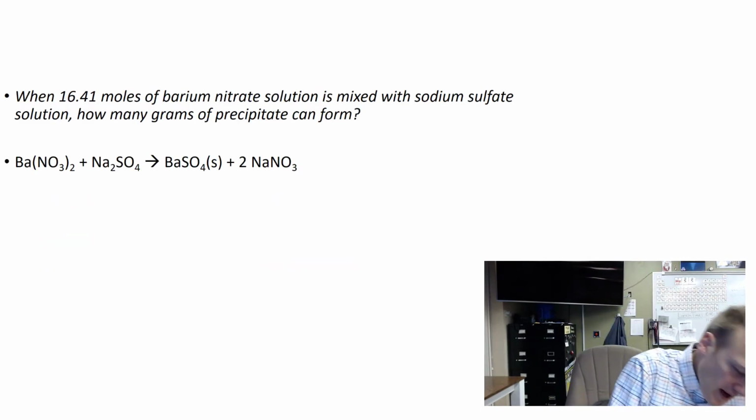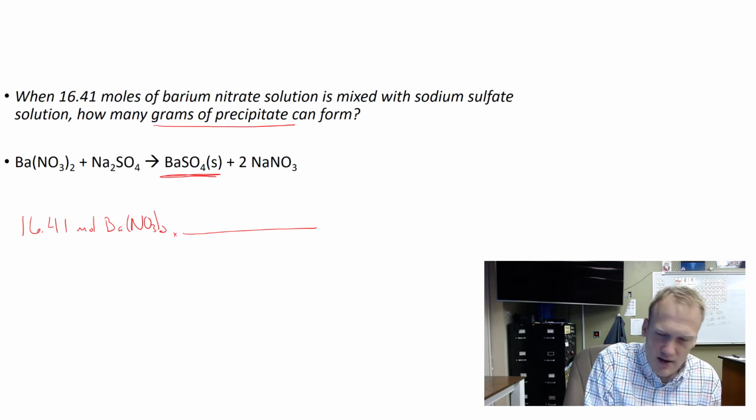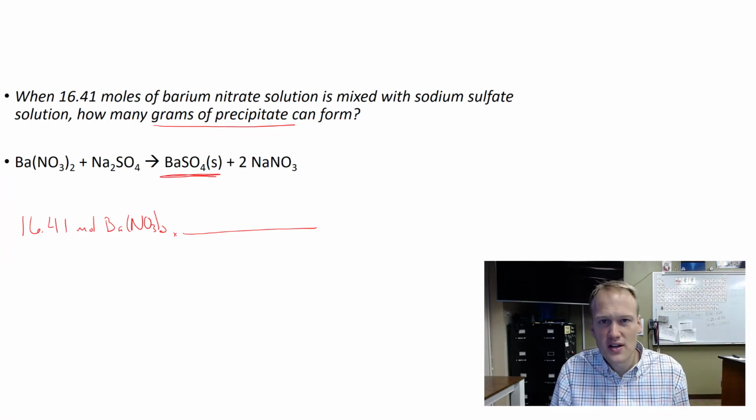Here's a double replacement reaction. We've got 16.41 moles of barium nitrate, which is Ba(NO3)2, and we need to get grams of precipitate. So first thing we need to do is identify the precipitate, which in this case was barium sulfate. You would do this using your solubility chart.